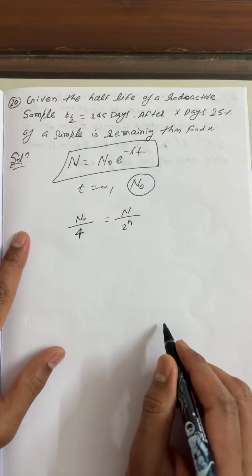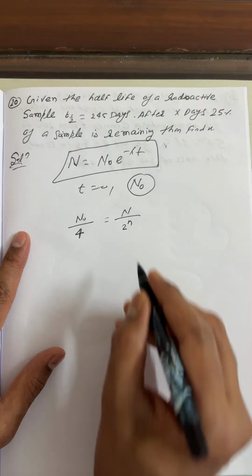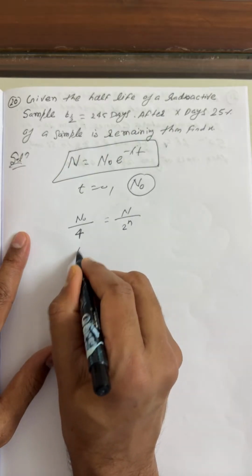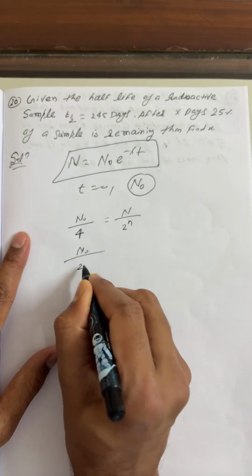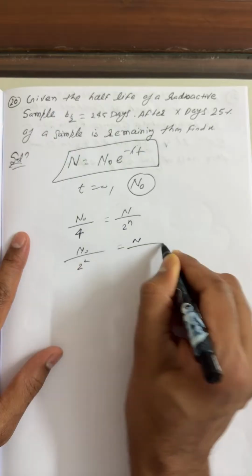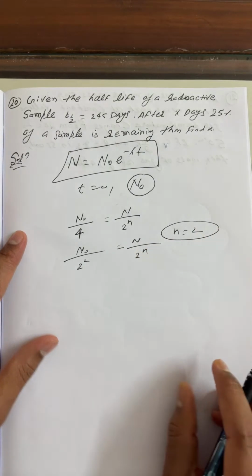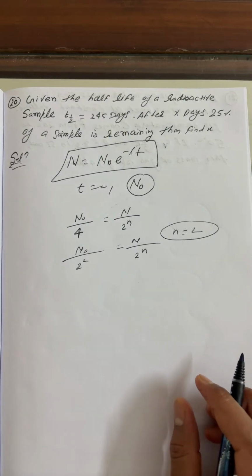So this condition: N naught upon 2 square equals N naught upon 2 to the power n. So you will get n equals 2.